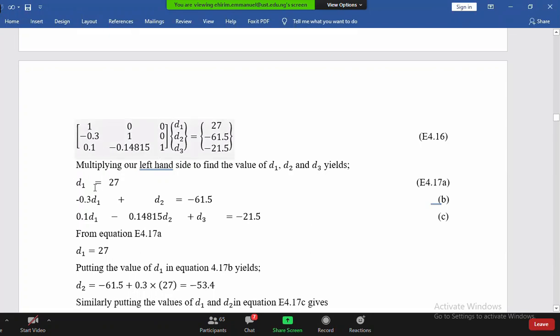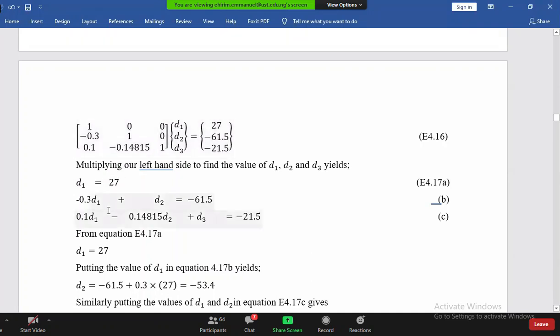Well, let's write out the equation. The first one is 1 times D1 plus 0 times D2 plus 0 times D3. So that's why I have D1 equals 27. All right.